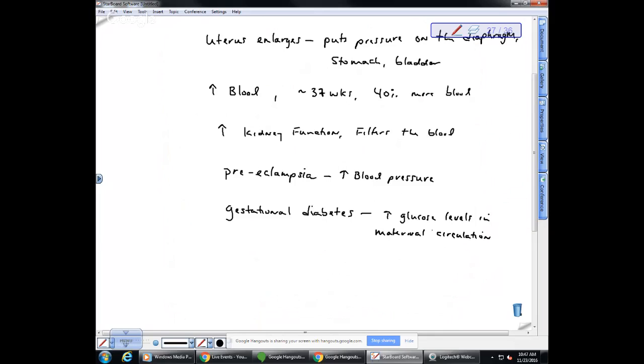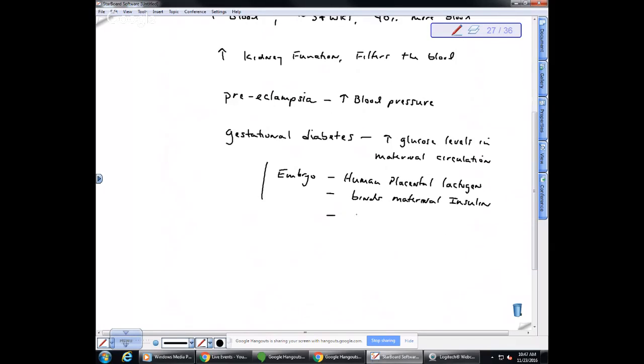This is actually caused by the embryo, which produces a hormone called human placental lactogen, and this binds maternal insulin. This happens in everybody, right? But if the mother can't produce enough insulin, then it becomes gestational diabetes.